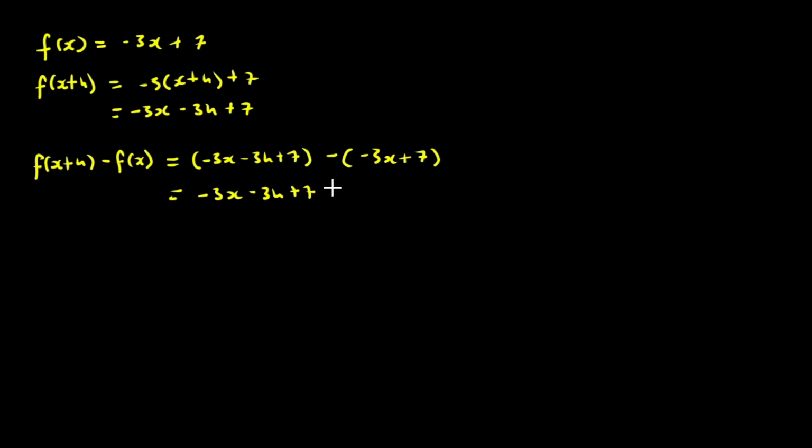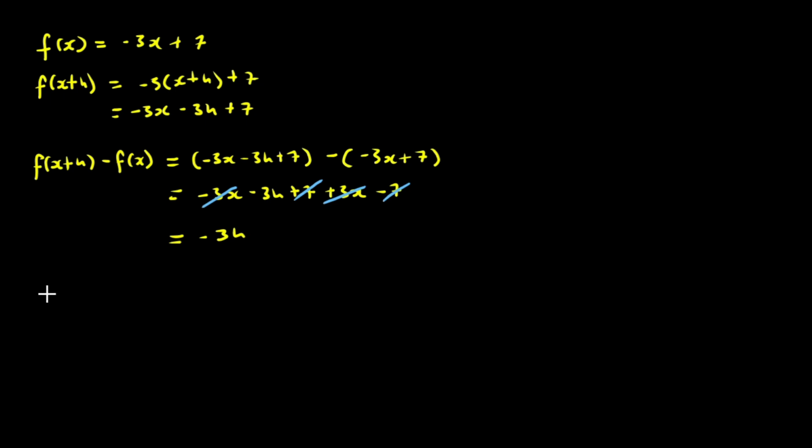The negative is going to change everything inside, which is plus 3x minus 7. Okay, let's see here. Minus 3x plus 3x goes to 0. Then plus 7 minus 7, that's 0. So we are only left with minus 3h.